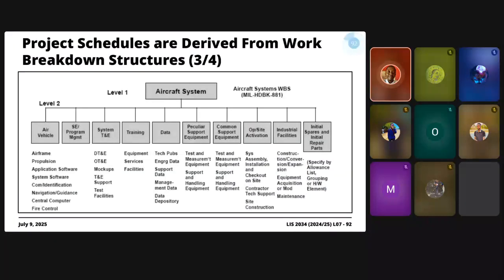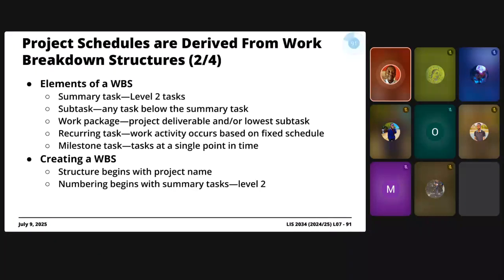Anyways, and then we see here that within your WBS, you would have your recurring tasks. So there are things that will happen often, like meetings. There are certain things that you do over and over again, maybe you decide as a team that you're going to be meeting every week on a Friday. That's a recurring task. It's a task, right?